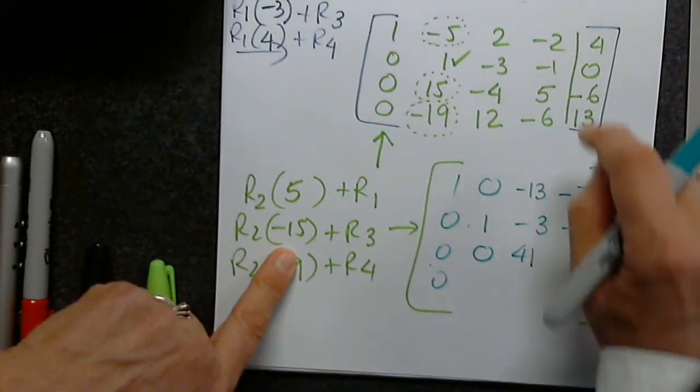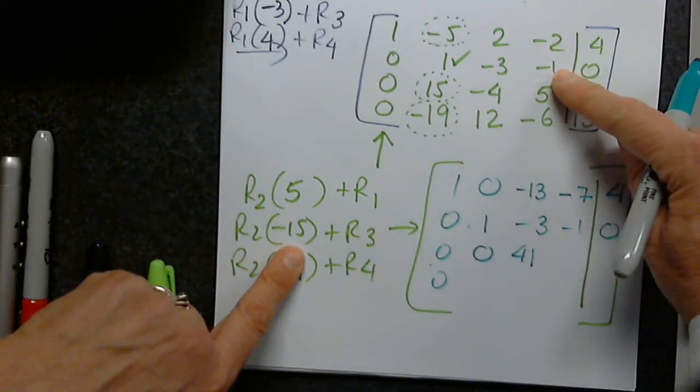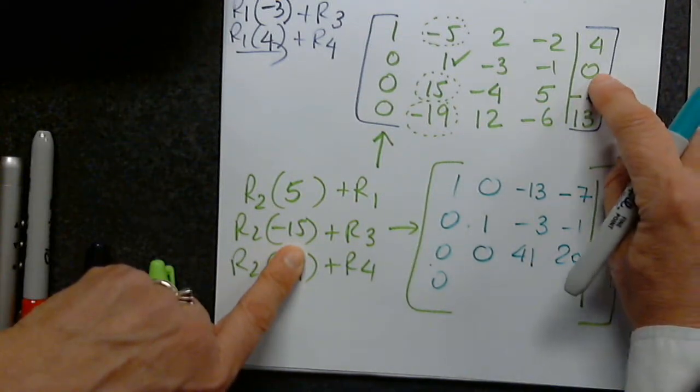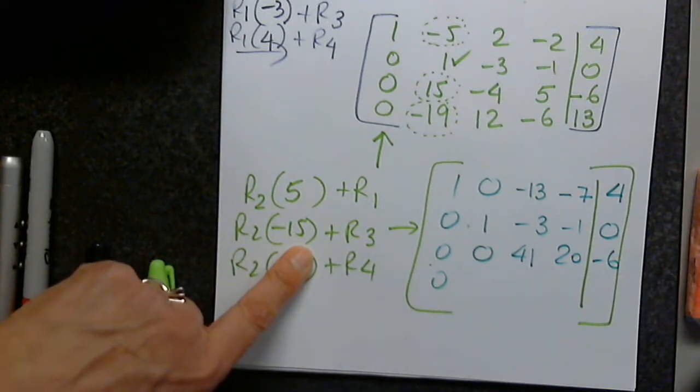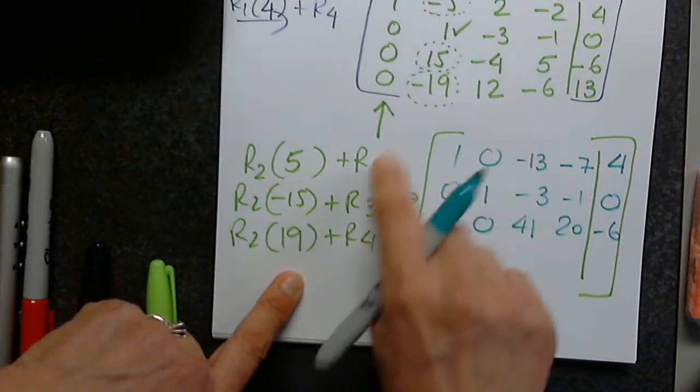Where am I? I'm here. Positive 15. Yes, positive 15 plus 5, 20. And 0 minus 6. Last one. 1 times 19 minus 19.